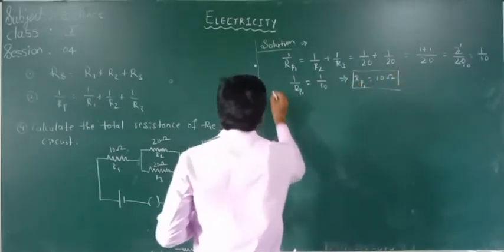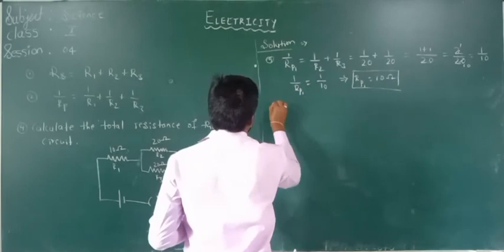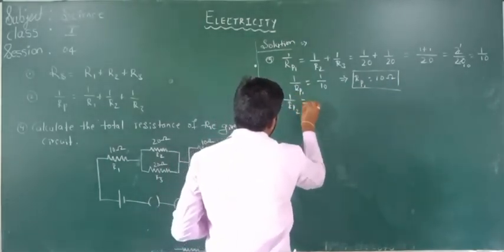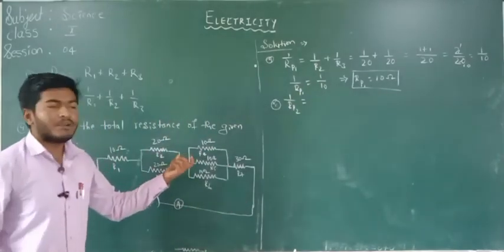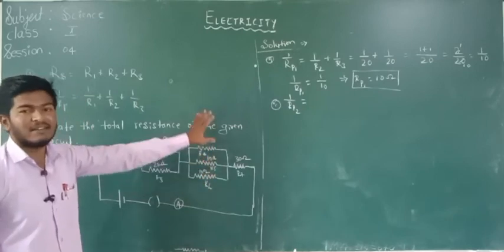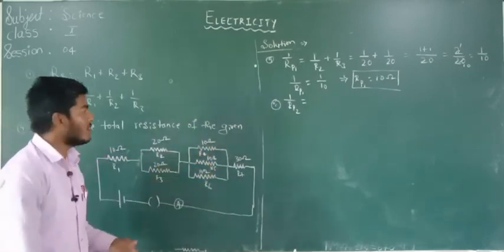Next, second step, that is RP2. 1 divided by RP2. In RP2 we are going to consider the resistors R4, R5 and R6, because these three resistors are in a parallel connection.